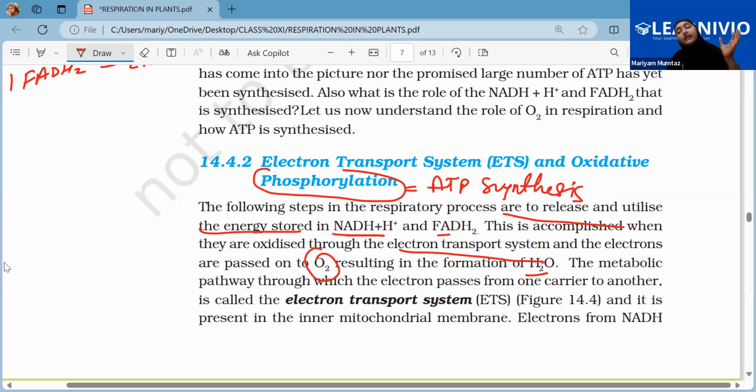That is how electron transport happens in the cell machinery. Now, the metabolic pathway through which the electron passes from one carrier to another is known as the electron transport system. Where does it happen? It is present in the inner mitochondrial membrane.